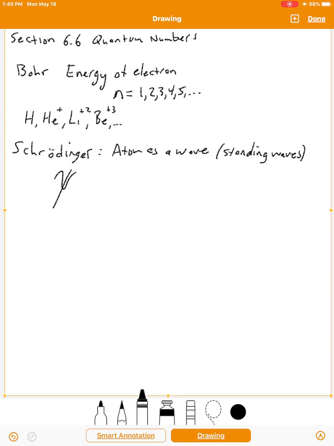He actually figured out the relationship behind this wave, which we'll use the symbol psi to represent, what's called a wave function. It's a mathematical equation that describes the electron as a wave. And it depends on all 3 positional components, and it also depends on time.